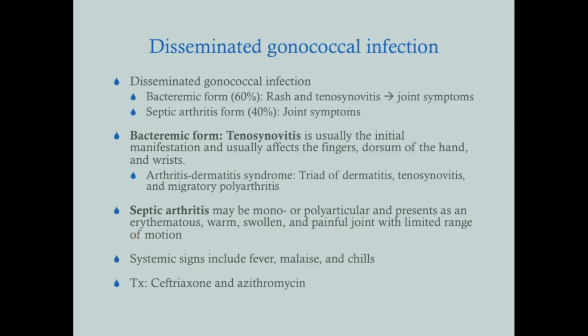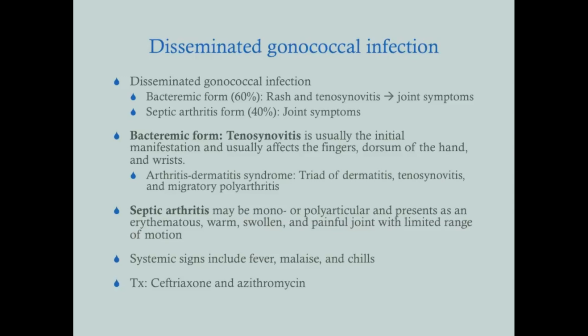With the bacteremic form, tenosynovitis is usually the initial manifestation, often affecting smaller joints, the fingers, the dorsum of the hand, the wrists, and in most cases you're also going to have a rash. We call this the arthritis-dermatitis syndrome, where you have a triad of a rash, tenosynovitis, and polyarthralgia.